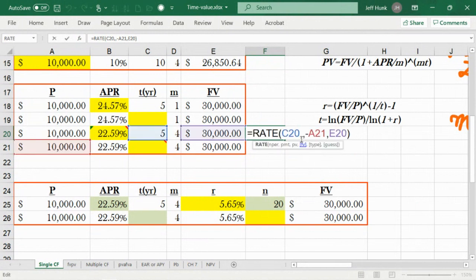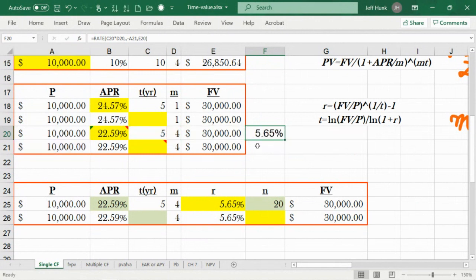Why? Because when you did n periods, if your mind remained sharp, you would realize, oh, actually, it should be 20 periods, right? So multiply that by D20, and then you get it.